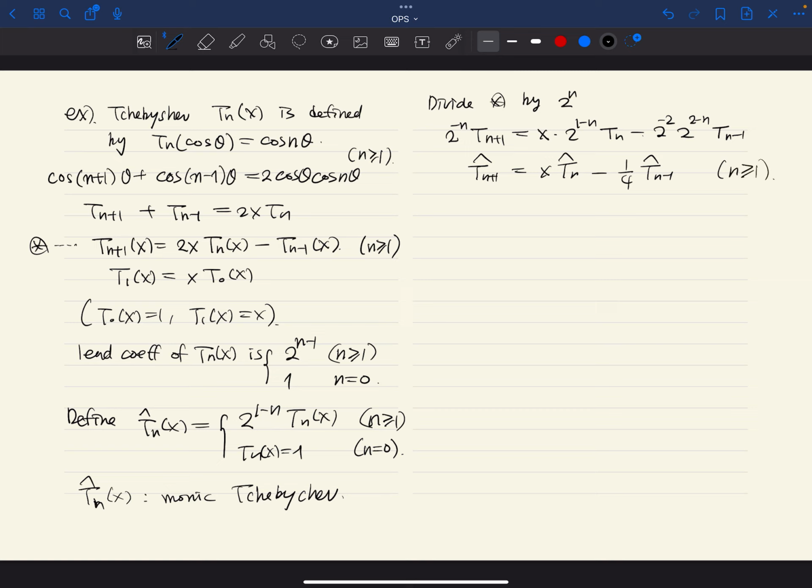But if n equals 0, you just compute this separately. So it's just x T0. Wait, is that right?